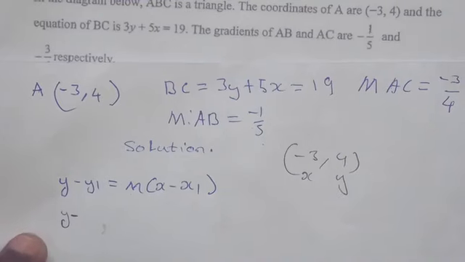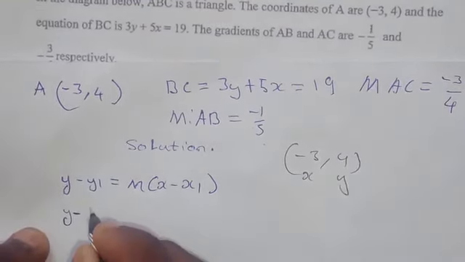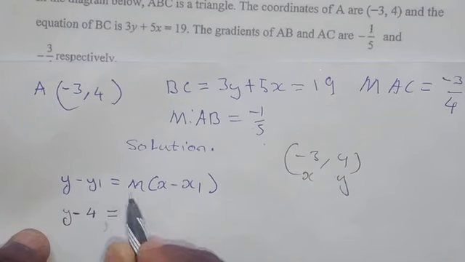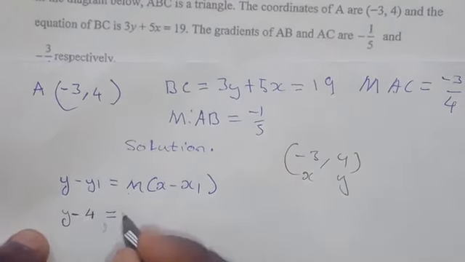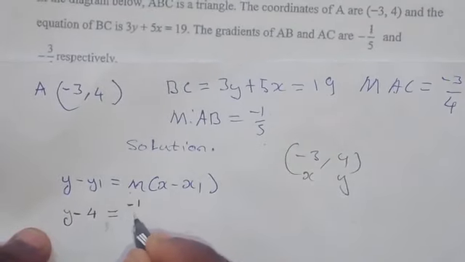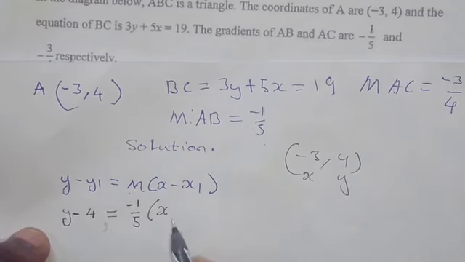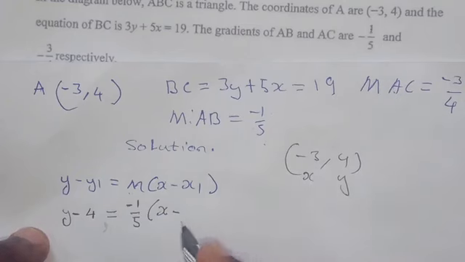So where we have y1, we place 4 here, is equal to the gradient. We've been told that the gradient of AB is negative 1 over 5. So we put negative 1 over 5 times x minus x1, which is negative 3.